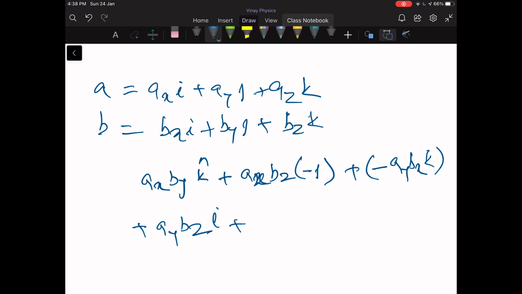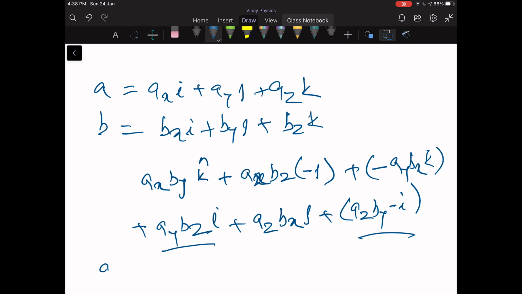Then we go to AZ: k cross i will become j, so AZ BX j. Plus k cross j will become minus i, so it becomes AZ BY minus i. Now we can collect them together. This is an i term, this is an i term.